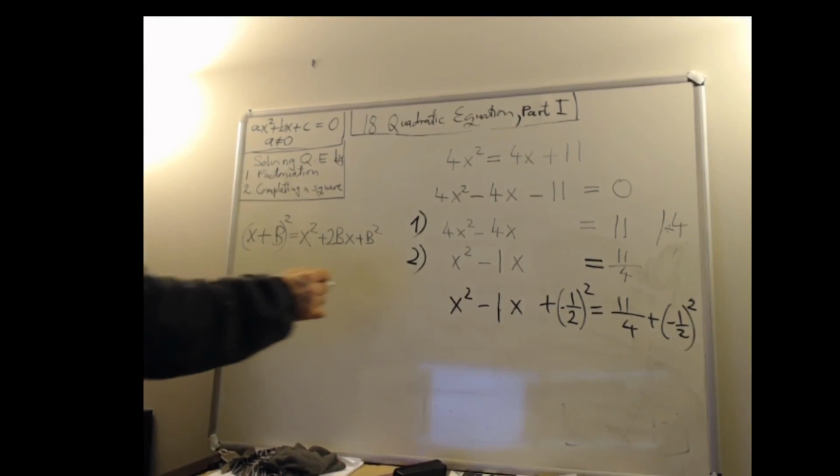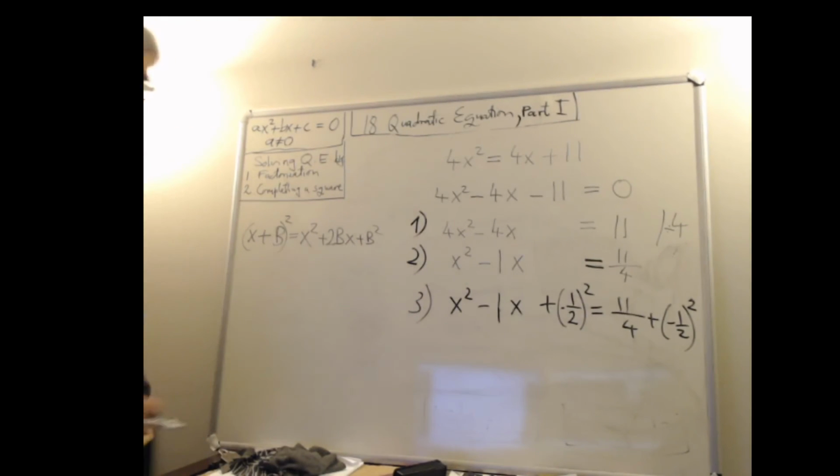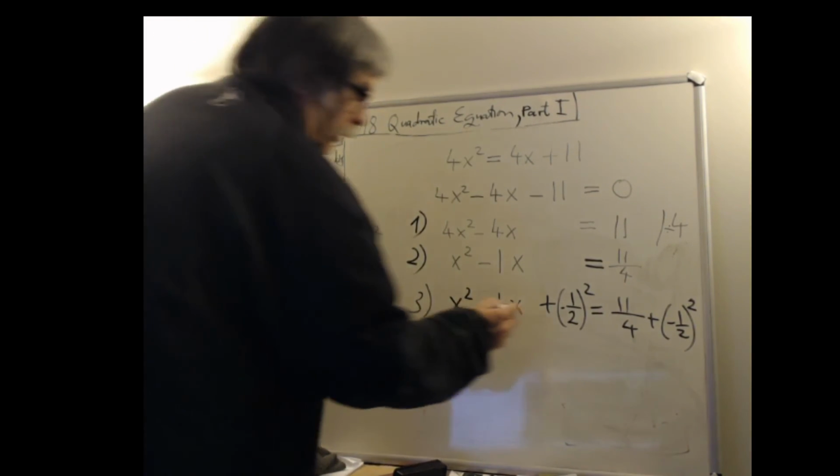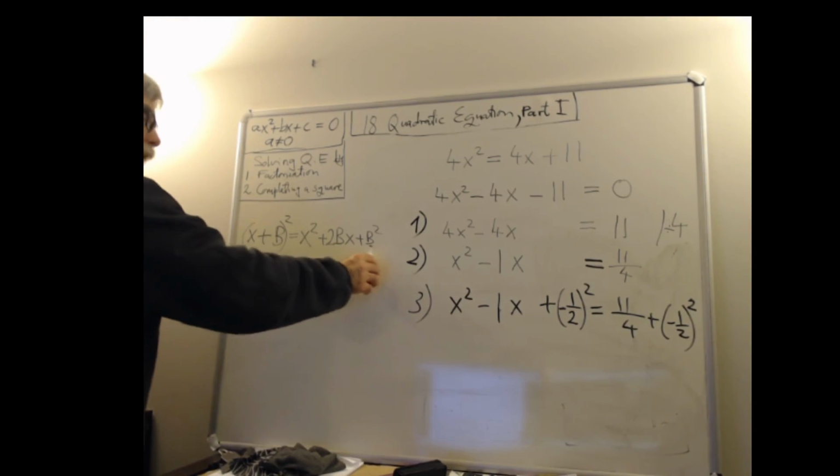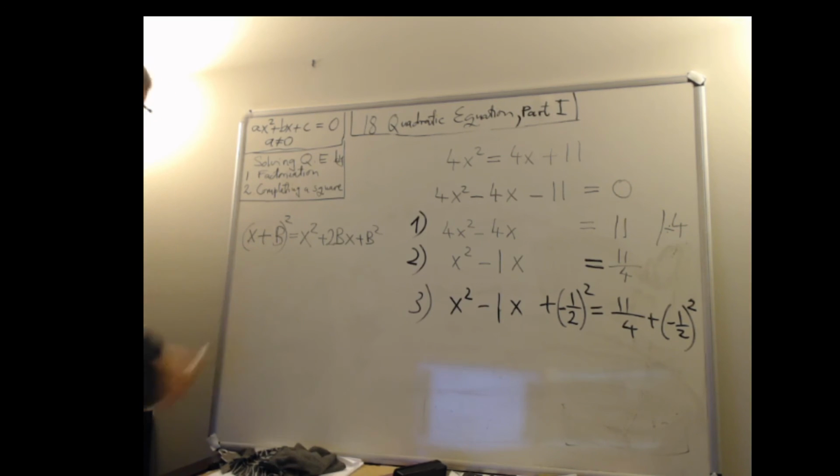So that's the third step. Very important. That is actually completion of a square. You are actually achieving a square here in this format. What square? This square.